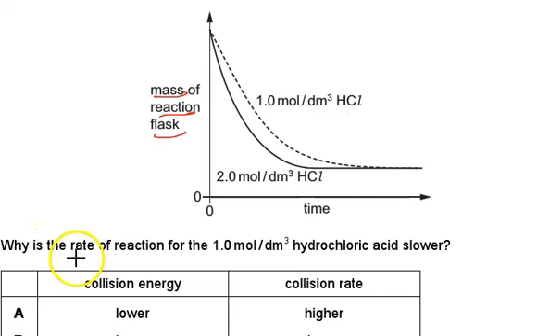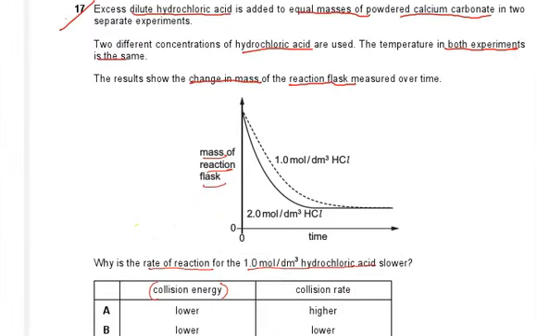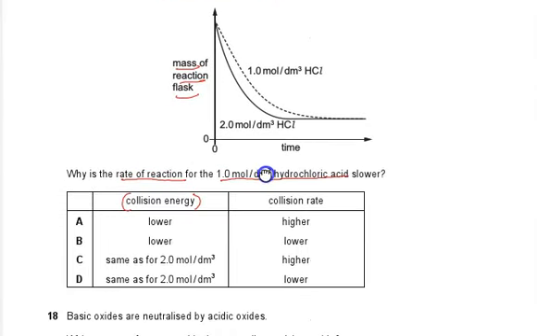So why is the rate of reaction for 1 mol per dm cubed of hydrochloric acid slower? Because you can say the collision energy, okay, now we're focusing over here.